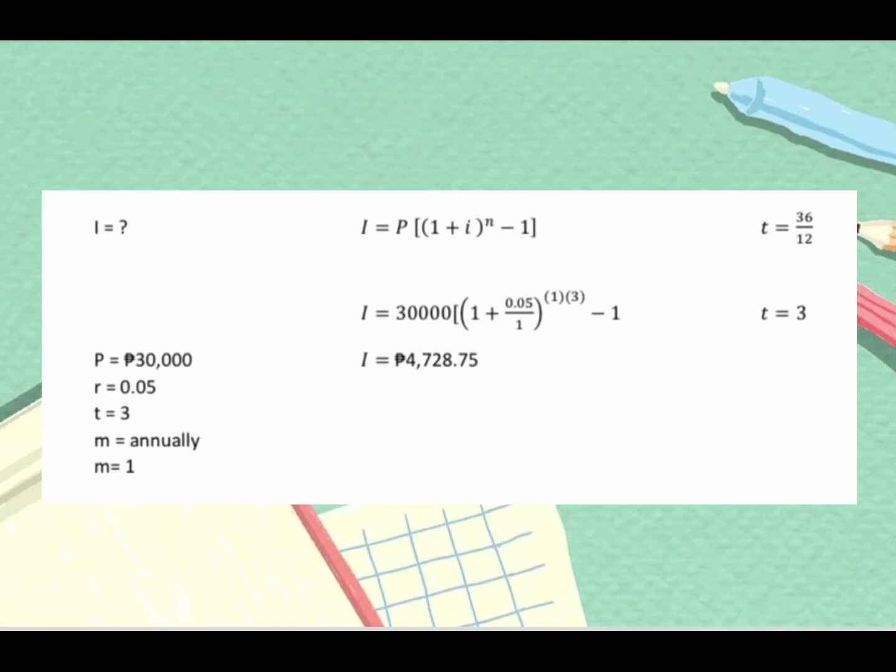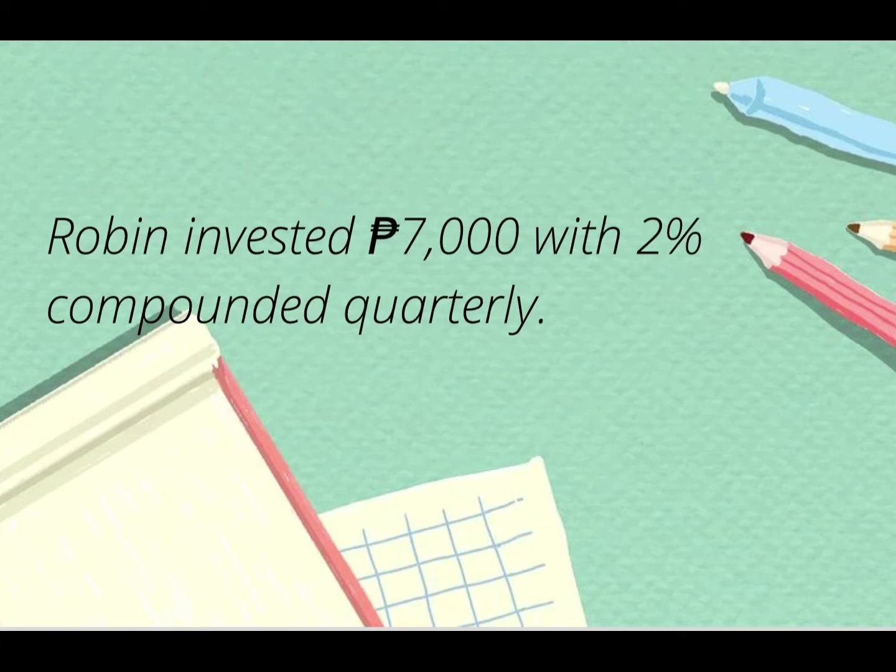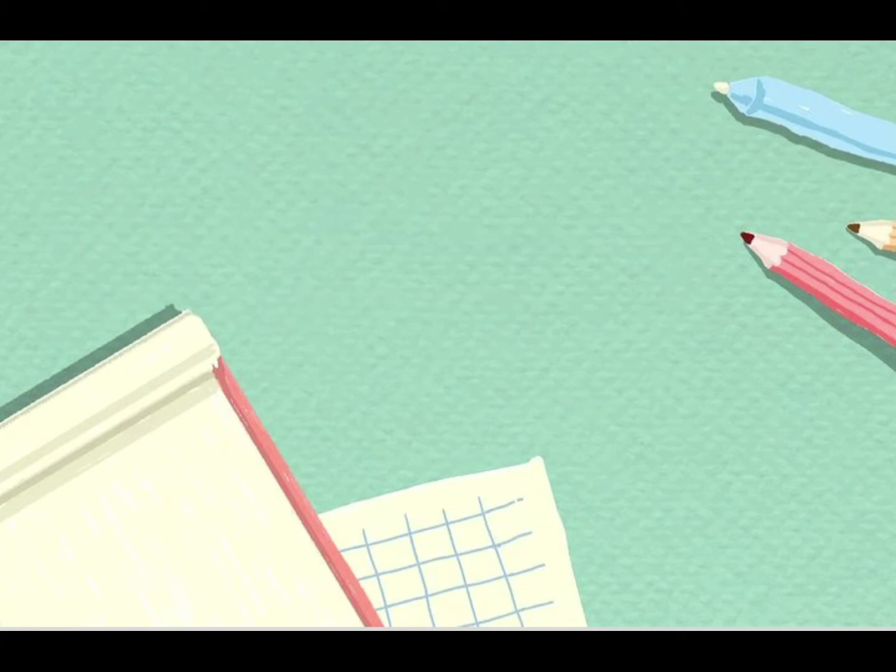So the answer is 4,728.75. So the interest he gets after 36 months is 4,728.75.